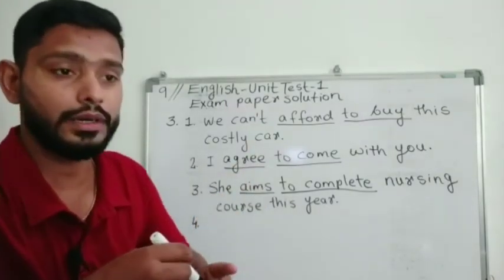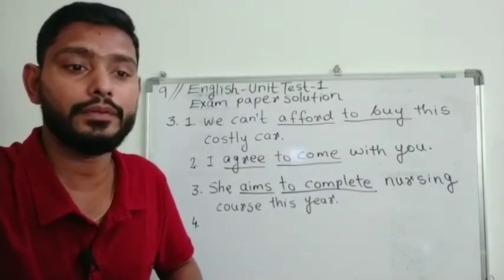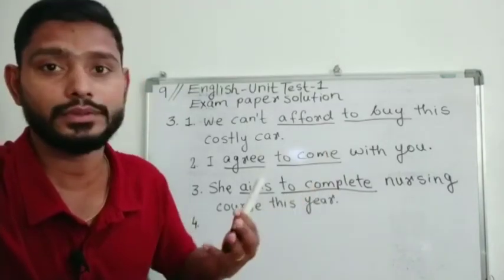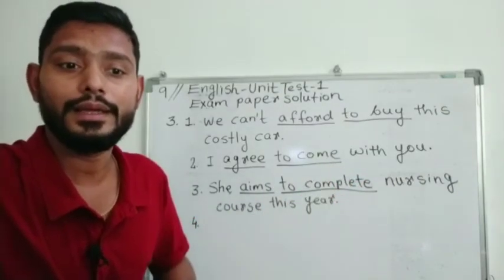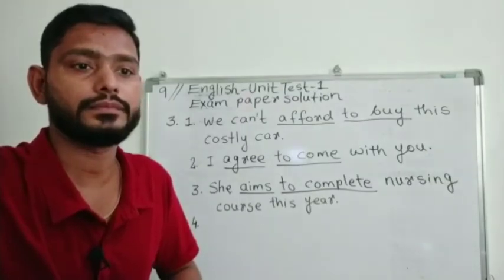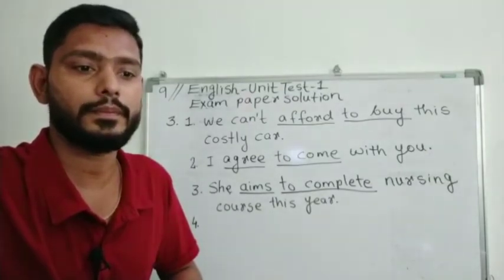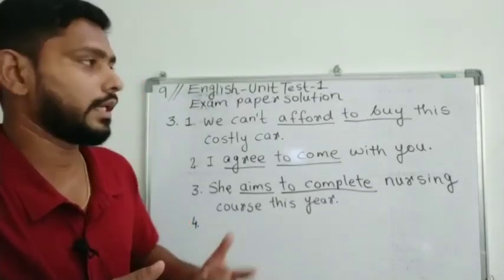Okay, children, we will see the fourth word, that is appear. What is the meaning of appear? You know that appear means to become physically present in front of. So let's see one example.